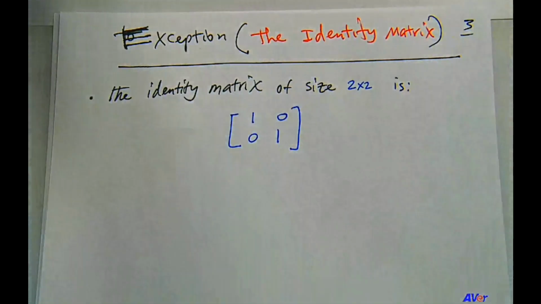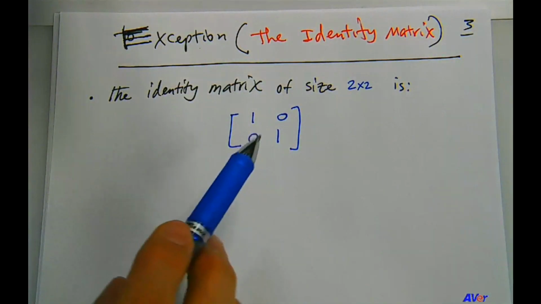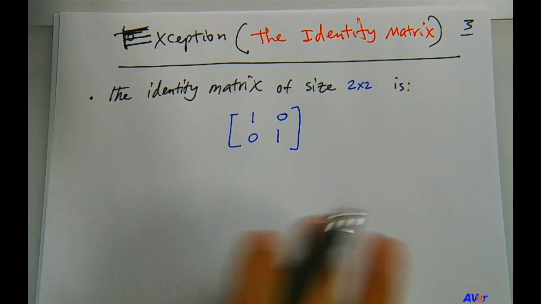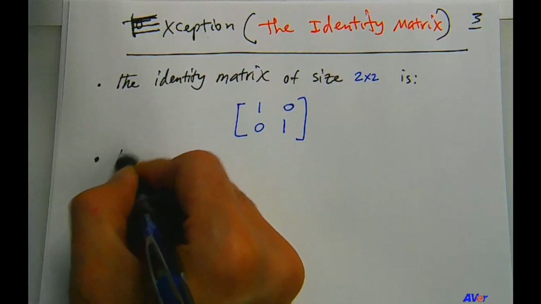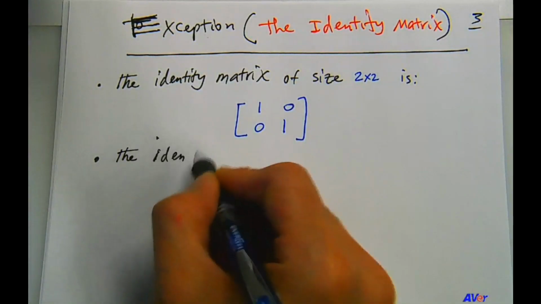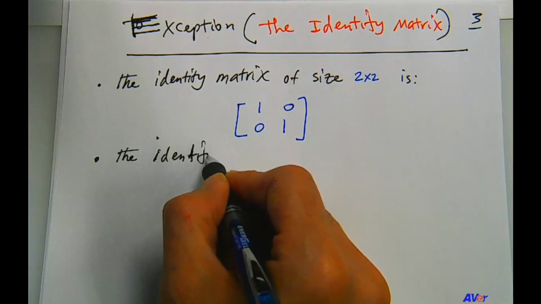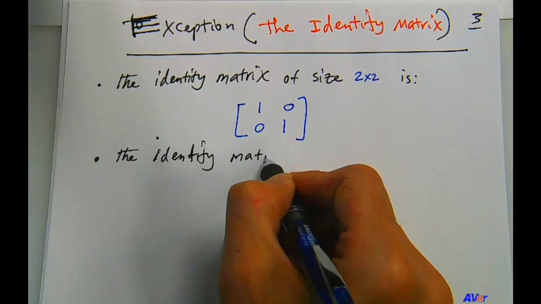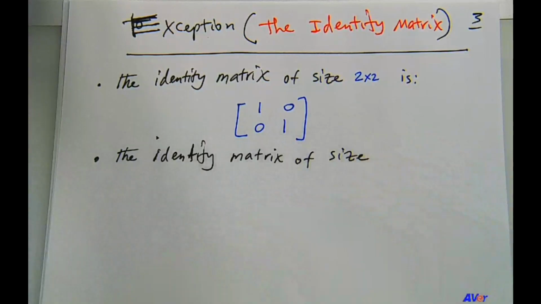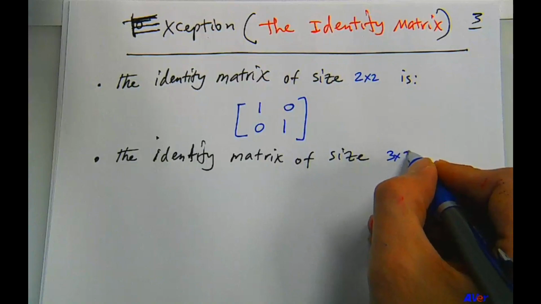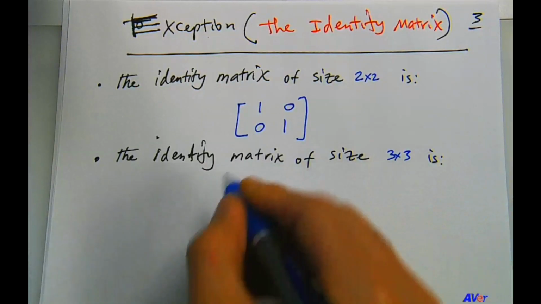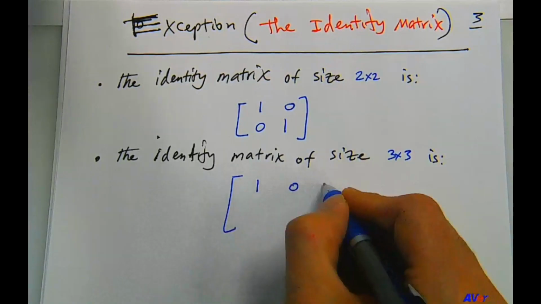Any 2 by 2 matrix has this as its identity matrix. Let's give the other identity matrix. So the identity of size 3 by 3 is like this.